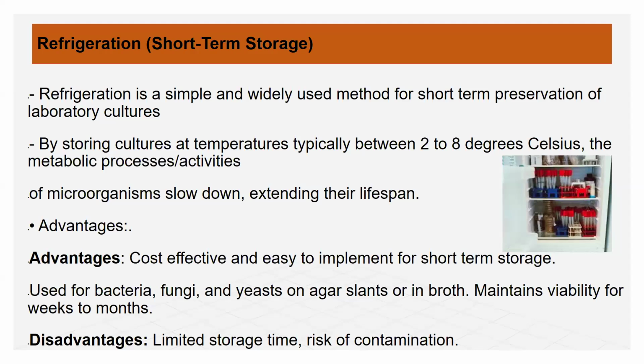At this temperature, the metabolic activities of the organisms are stable. It does not allow the organism to proliferate. So it slows down the activity of the organism, and then it extends the lifespan of the organism.